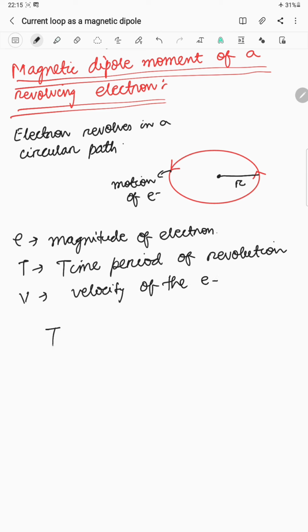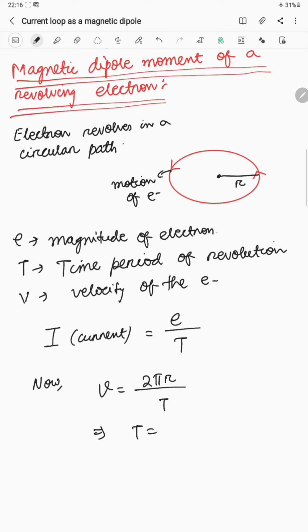Now, if I want to calculate the current, it is nothing but charge per time. Charge means the electron's charge divided by time T. Now, velocity will be distance by time. What distance is it covering? 2 pi r, the circumference, divided by T. So this implies T will be equal to 2 pi r by v.